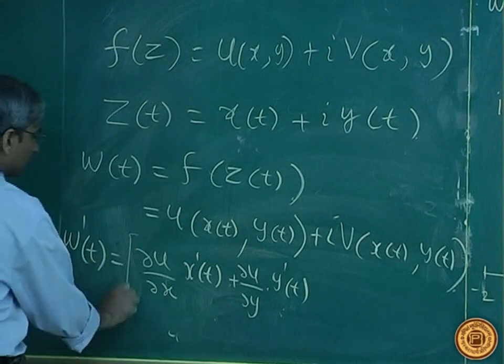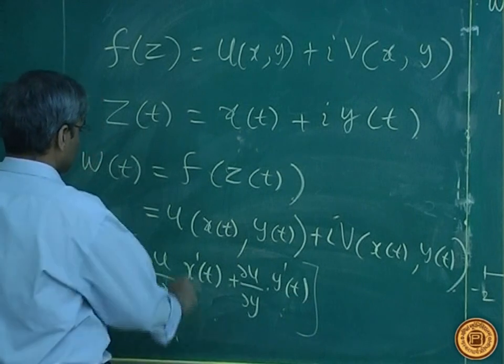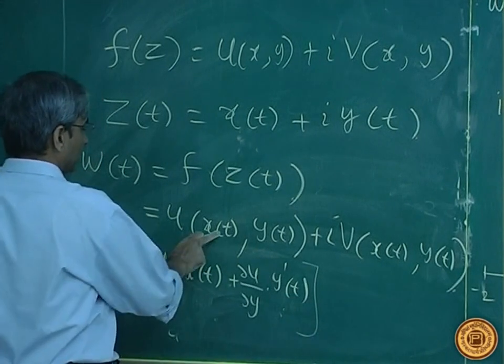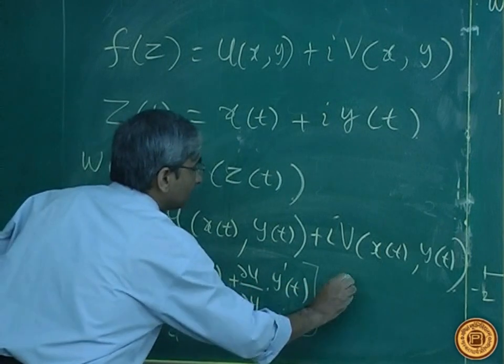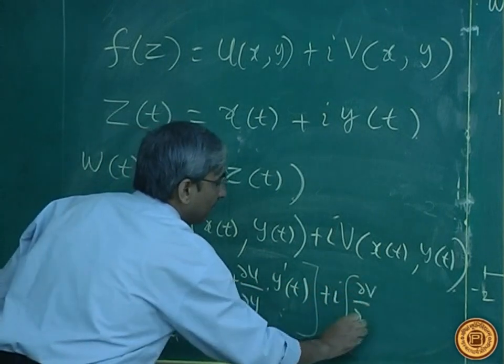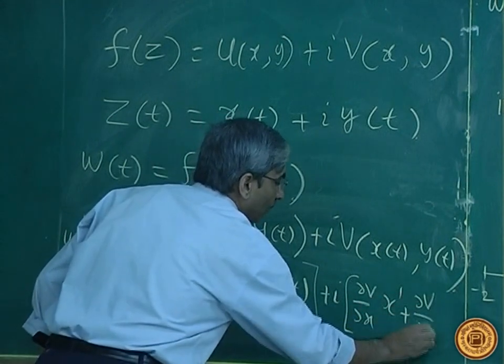So this is the derivative of the real part: dou u by dou x into x prime plus dou u by dou y into y prime, this is our usual chain rule. Plus i times, similarly, dou v by dou x into x prime t plus dou v by dou y into y prime.